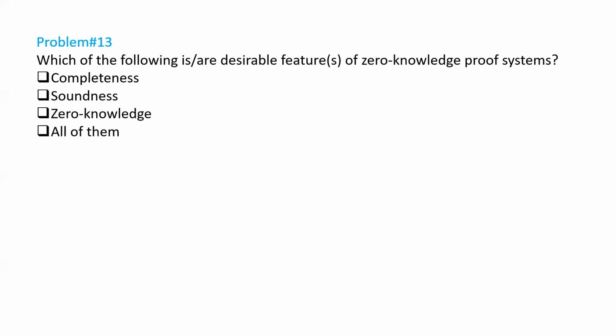Basically, all of these 3 properties are desired from a zero knowledge proof system. The first one is completeness.